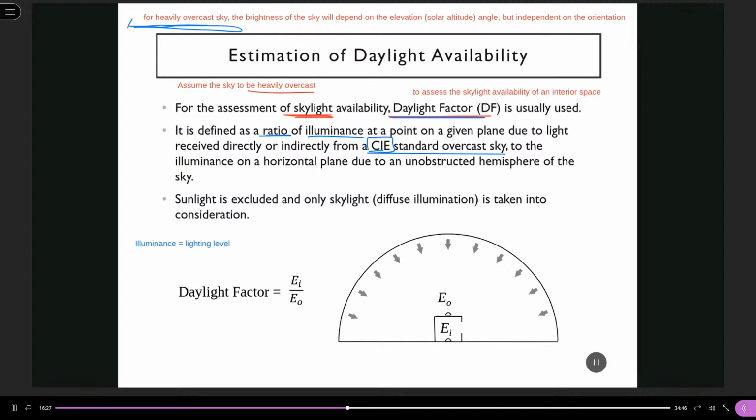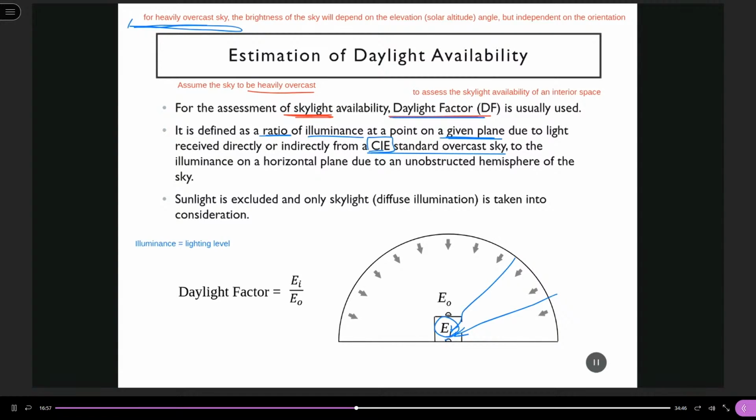And the daylight factor is a ratio of the illuminance, EI, the interior illuminance on a given plane, usually a horizontal plane, due to light received directly or indirectly. So for this point, the skylight can enter the room directly.